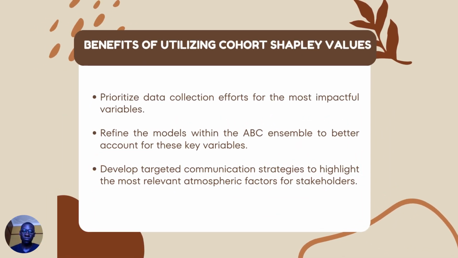Then the benefits of using the Shapley values: they prioritize data collection efforts, they refine the models within the ABC model ensemble, and they help develop targeted communication strategies to highlight the most relevant atmospheric factors for the stakeholders.